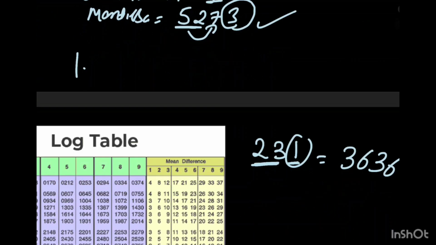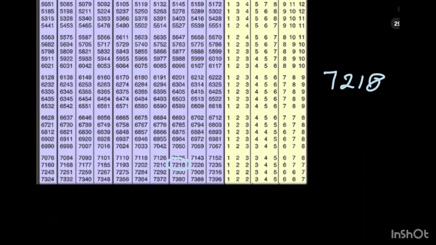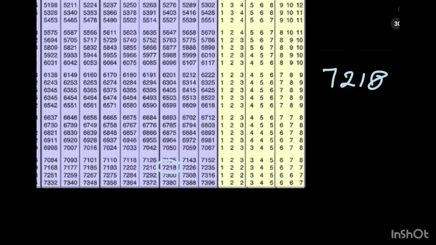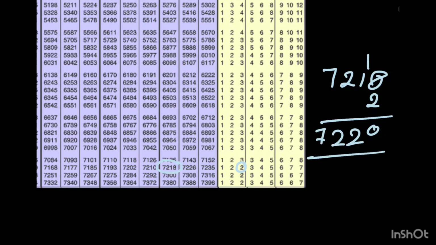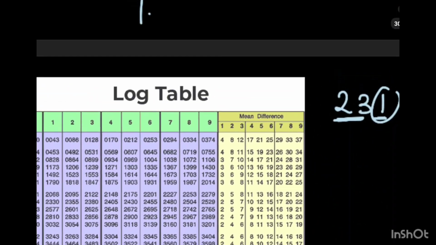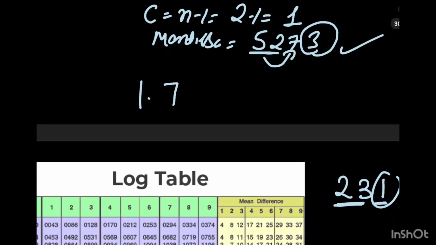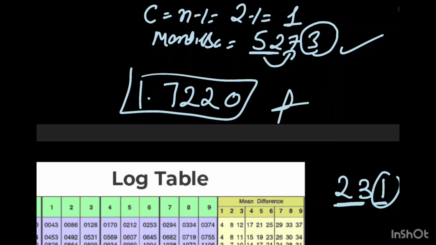The mean difference of 3 here for 52 is 2. So we'll add 2 like this. So 8 plus 2 is 10, here is 1, and 1, 2, 2 and 7. So my mantissa will be 7220. So I can write here 1.7220. This is how we can find the log of any function.